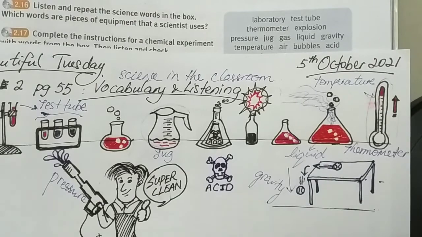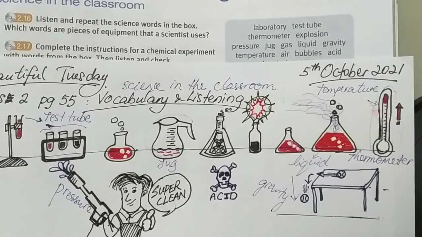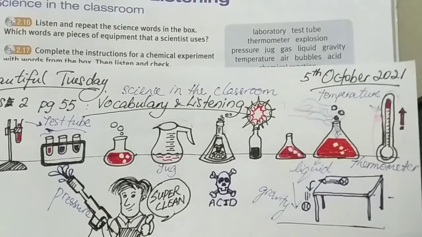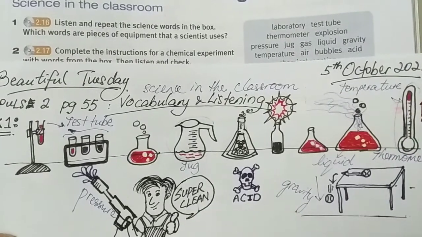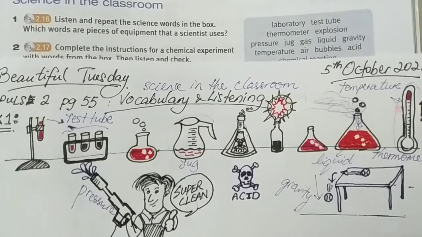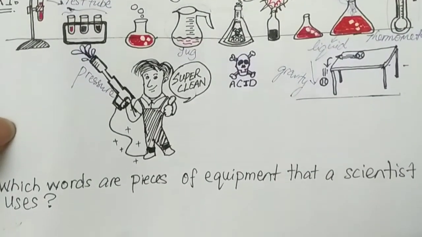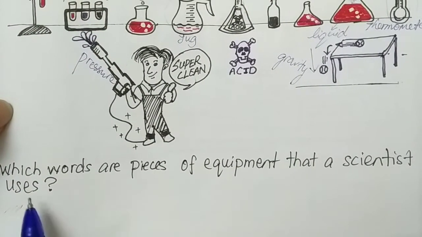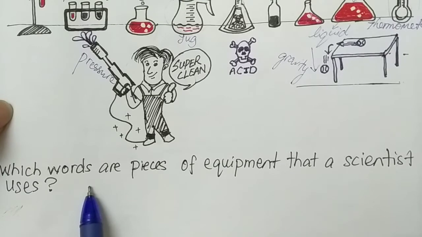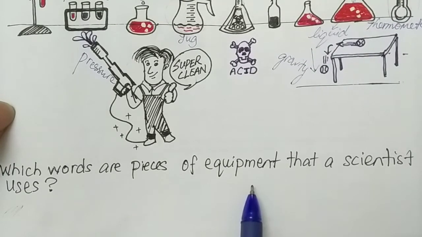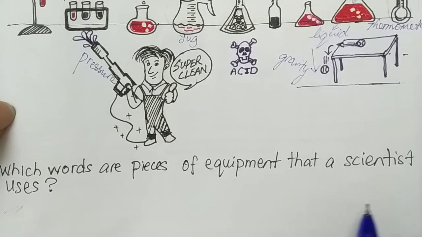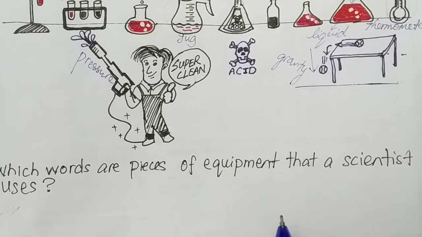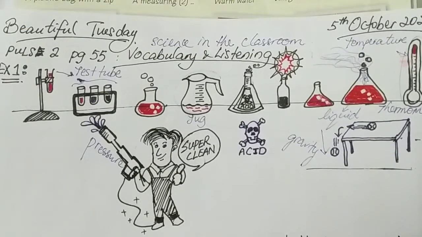So, alright, exercise 1 is not done yet. There's one question that we need to ask ourselves. Which words are pieces of equipment that a scientist uses? Let's take a look at the picture here.